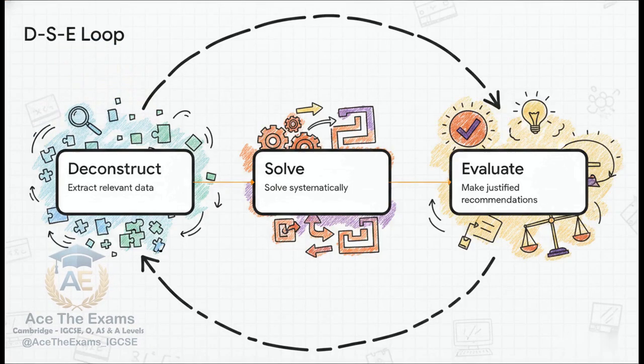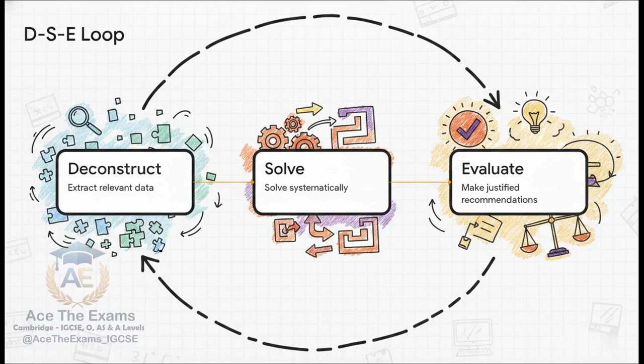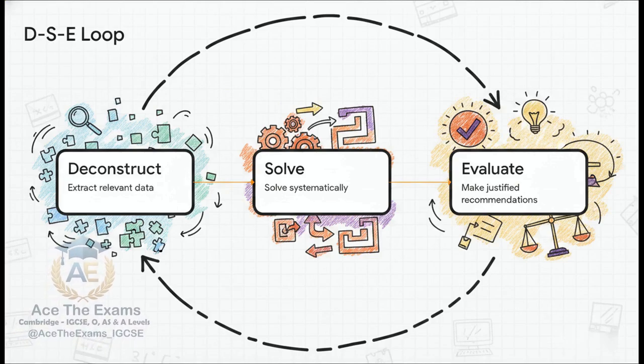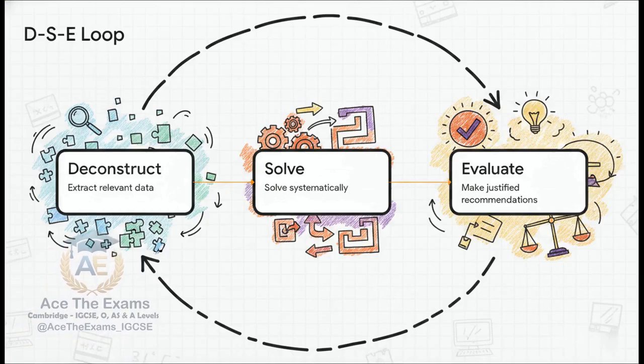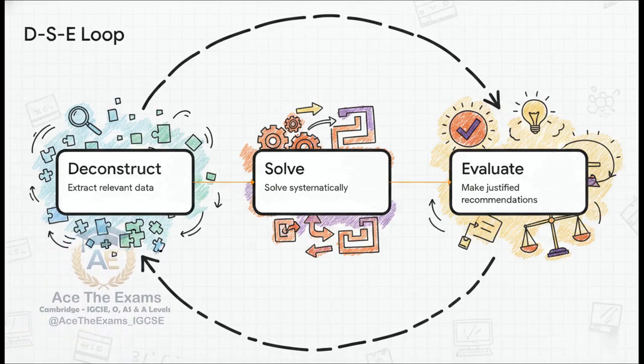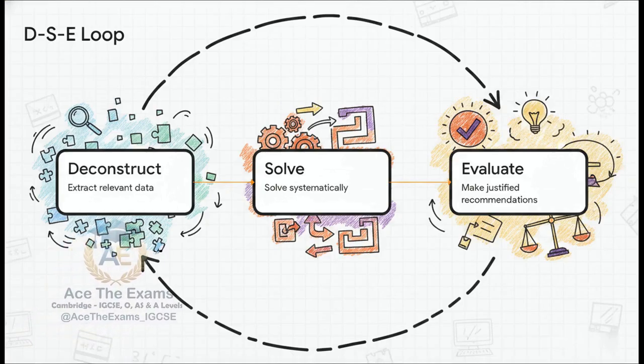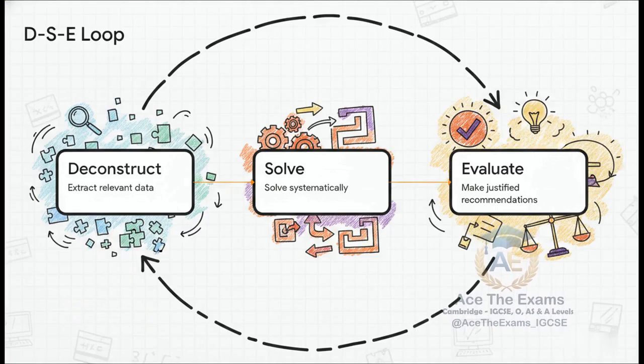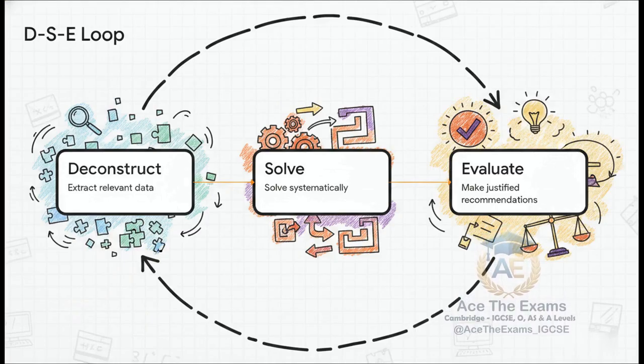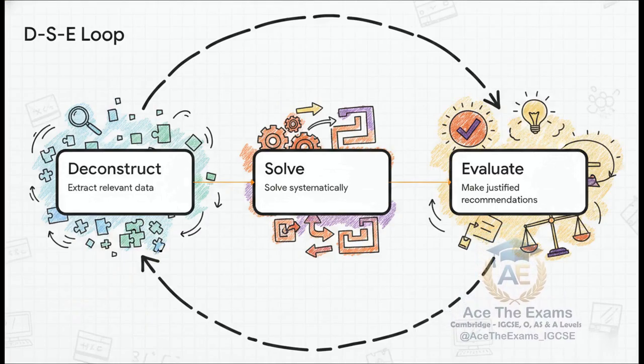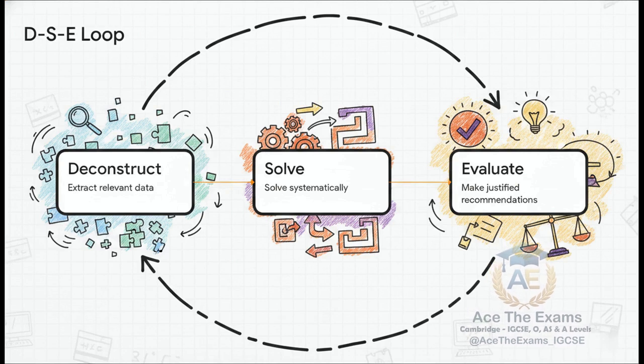You solve the problem systematically, making your point, providing evidence, explaining the tech, and linking it back. Rule 3, the time management matrix. You evaluate for reasonableness and make justified recommendations without getting bogged down writing generic fluff that earns no points. This DSE loop, deconstruct, solve, evaluate, guarantees you're hitting those knowledge, application, and analysis domains perfectly every single time you put pen to paper.